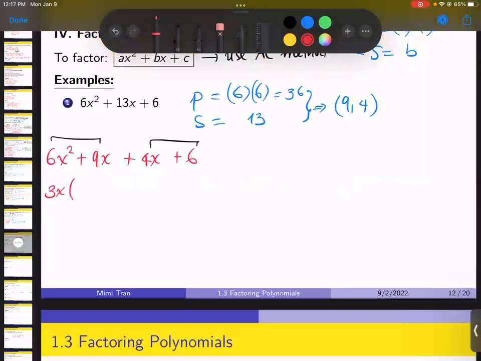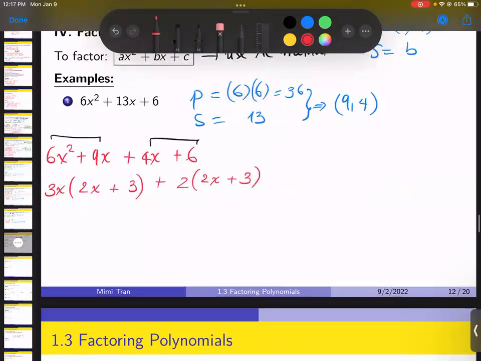Very good, thank you. What's left is 3x plus something, 2x, sorry, 2x plus 3. I can factor out a 2 for the second group, so I have 2x plus 3 again. You can do equal sign like that. So 2x plus 3 times 3x plus 2.